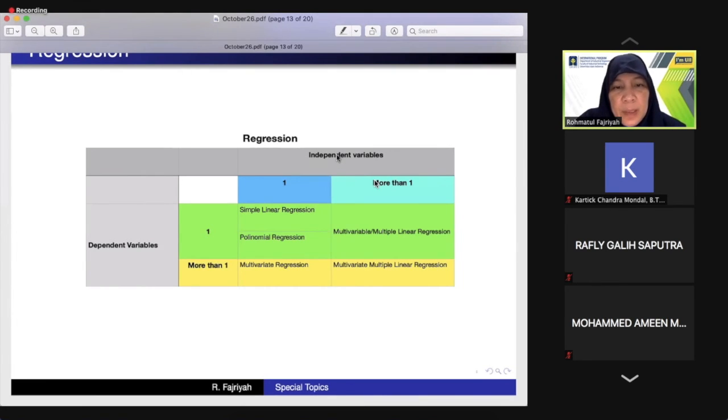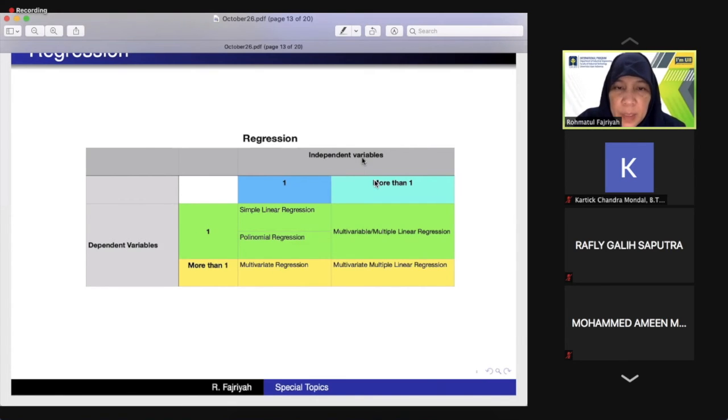If your independent variable is only one and your dependent variable is more than one, you have multivariate regression. Variate here means dependent variable. You can try to memorize it: multivariate means more than one dependent variable.